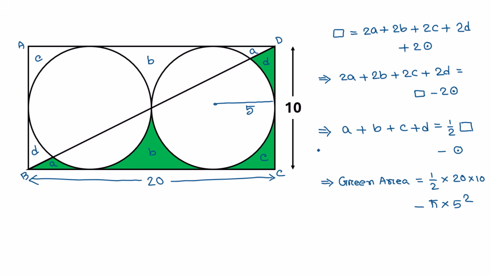This is the formula of finding the area of a circle. It is equal to 20 divided by 2, this is 10, and 10 times 10, this is 100, minus 5 square, this is 25, and this pi, and this is the area of this green area.